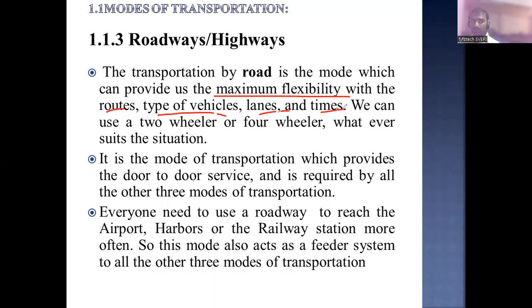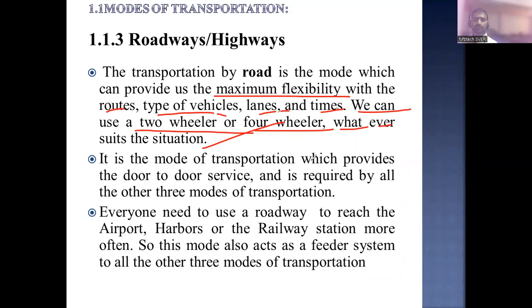You can change the routes, the type of vehicle, the number of lanes and times. We can use a two-wheeler or four-wheeler, whatever suits the situation. Through the same road you can go by two-wheeler, four-wheeler or even eight-wheeler.